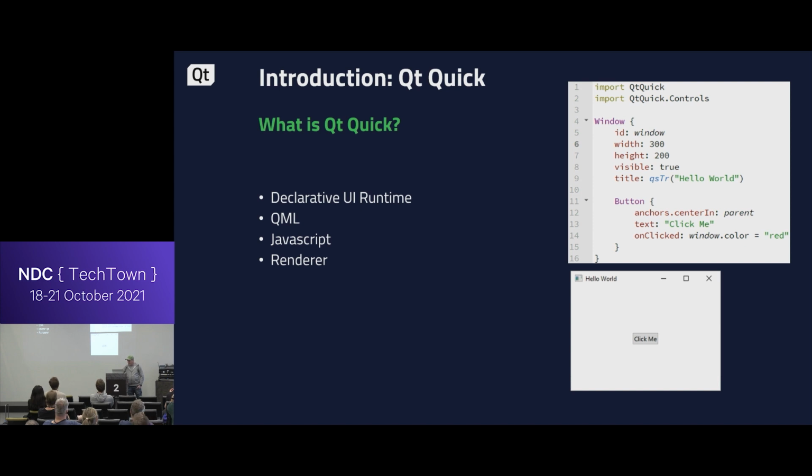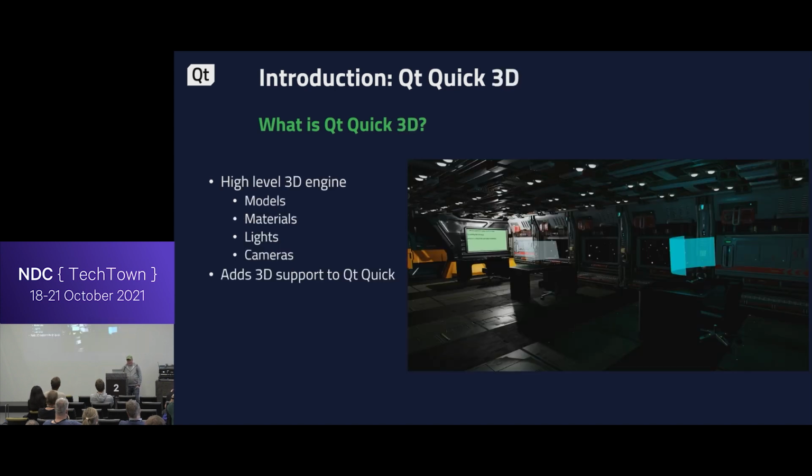So in addition to that, we have a renderer that will take that scene and render it using hardware accelerated APIs like OpenGL, DirectX, Vulkan, Metal, depending on which platform you're actually on. And now more recently, we've introduced additional 3D APIs for Qt Quick, which we call Qt Quick 3D.